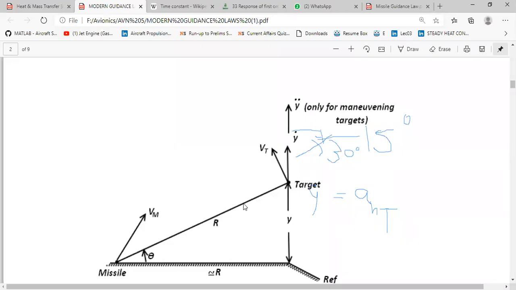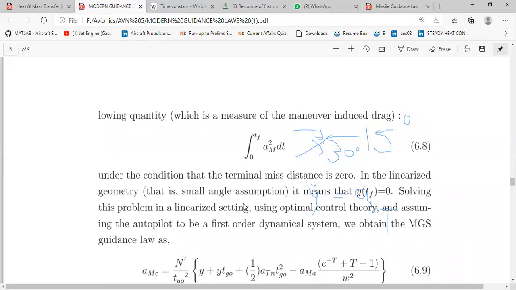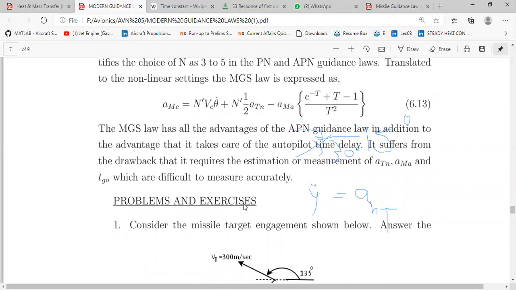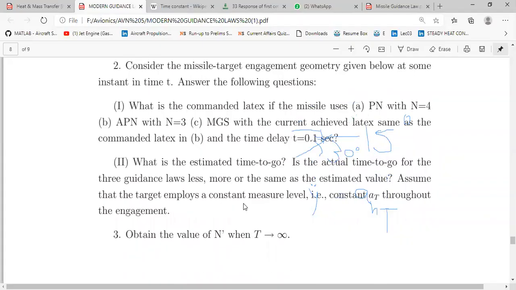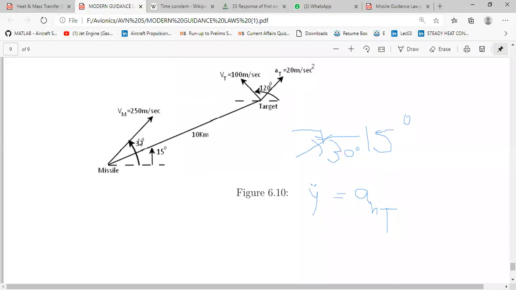So if you go to the numerical here, first I explain for this. Suppose Vm is given as 250 meters per second, right? And the angle between your line of sight and the missile velocity vector is 30 minus 15, so it will be 15.